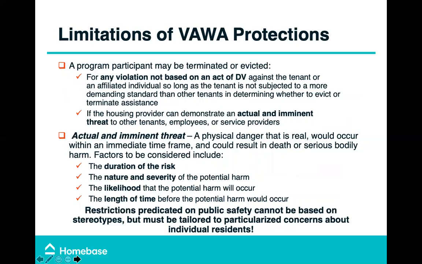The standard to demonstrate an actual and imminent threat to others is very high. It's a physical danger that is likely to occur within an immediate time frame and could result in death or serious bodily harm. Importantly, none of these limitations on VAWA protections can be used based on stereotypes.